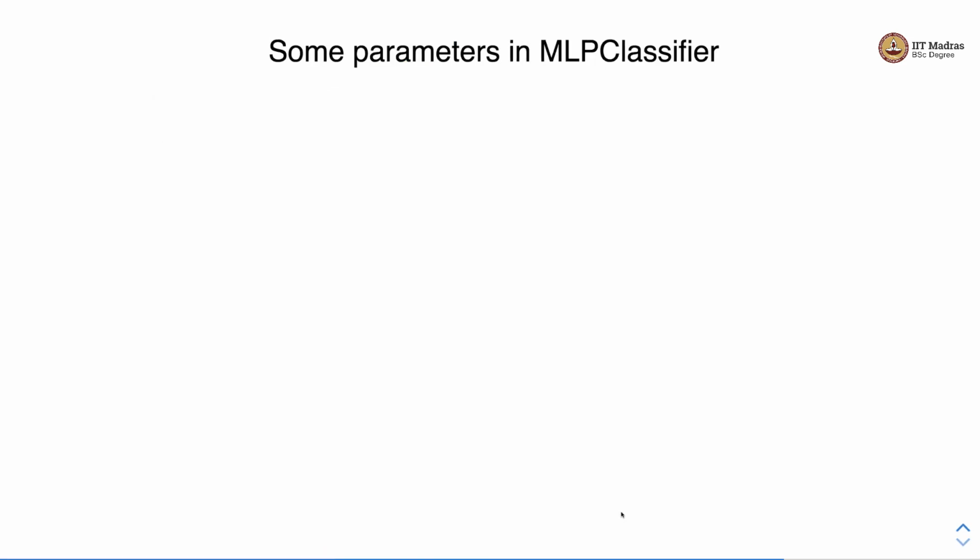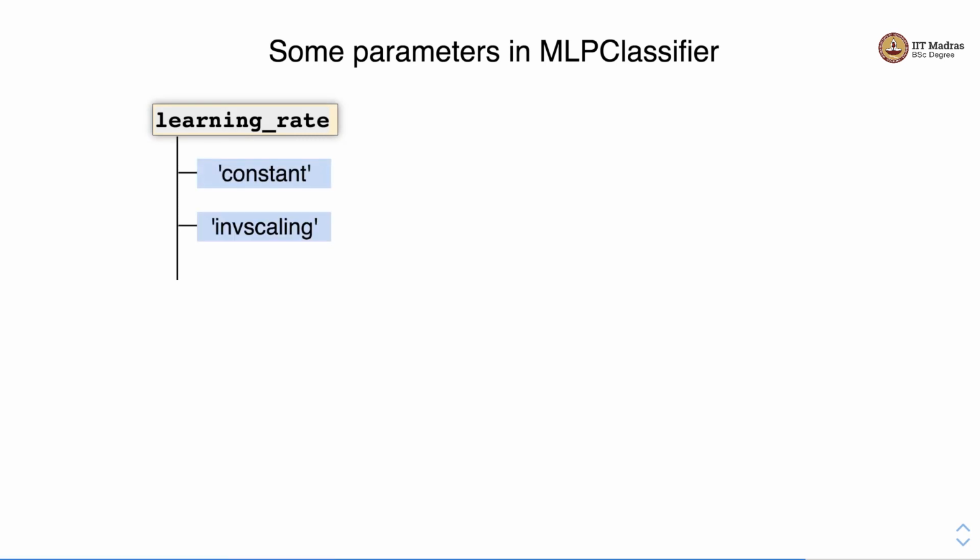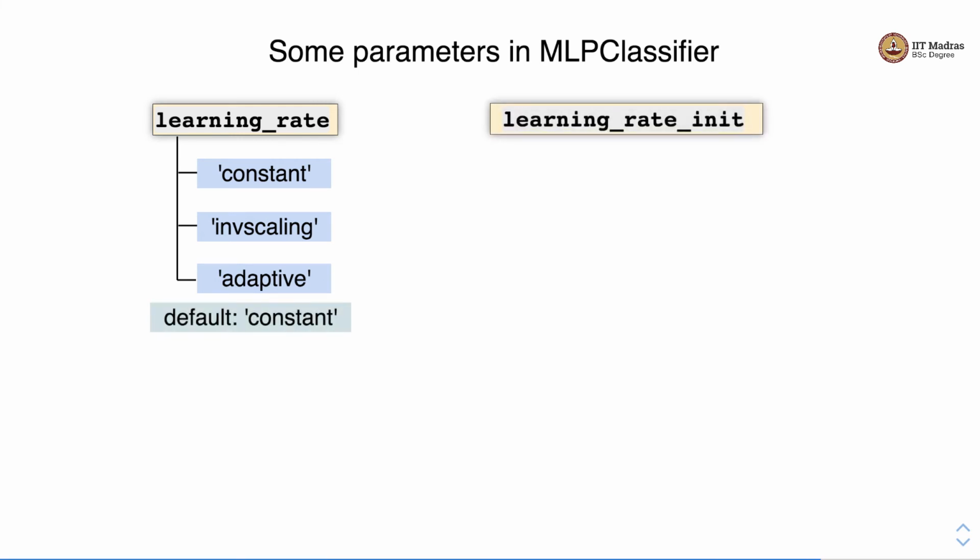Let's look at some other parameters in MLP classifier. There are parameters like learning_rate, which can be either constant, invscaling, or adaptive. The default is the constant learning rate. The learning_rate_init is a float value, with a default value of 0.001.